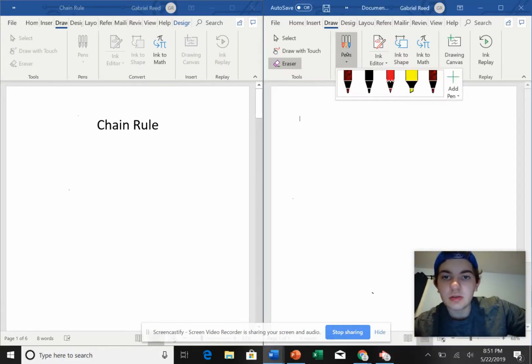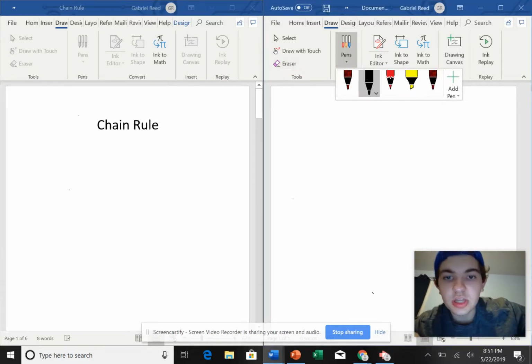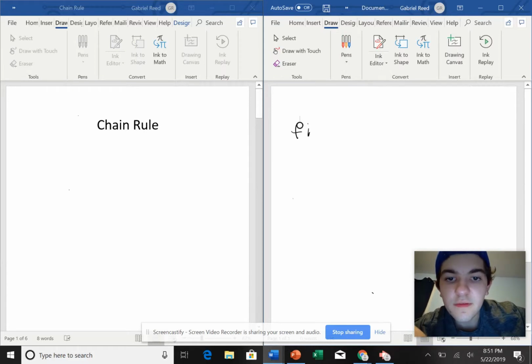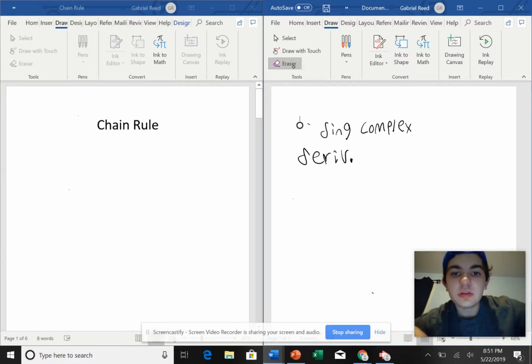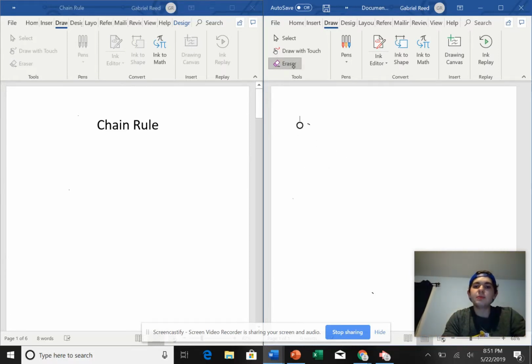So I'm just going to write that here. The chain rule is finding complex derivatives.